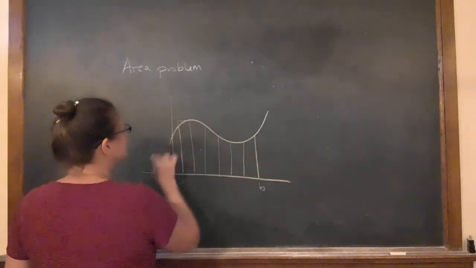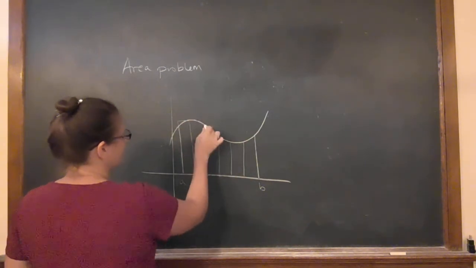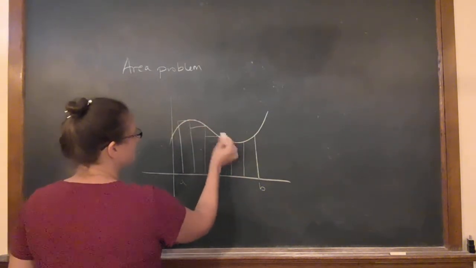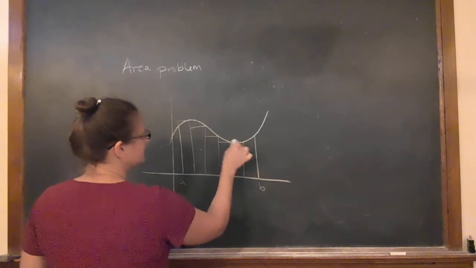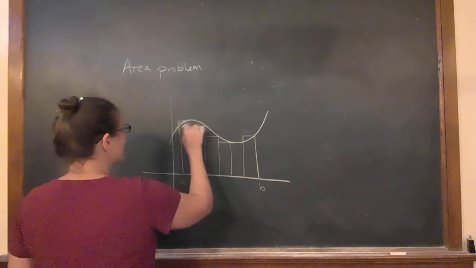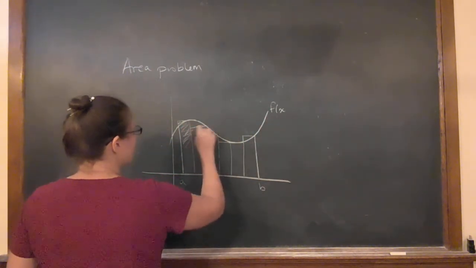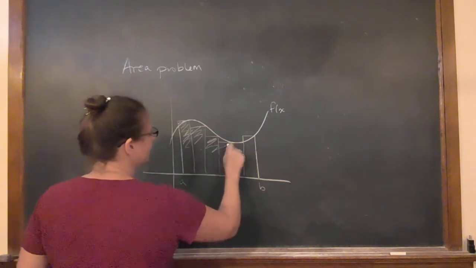So it's not an exact answer, right? I'm going to make it a rectangle from the right endpoint. Doesn't matter. Right, so I'm just going to make these straight lines over. And now, because I know what this function is, I can figure out each of these points.